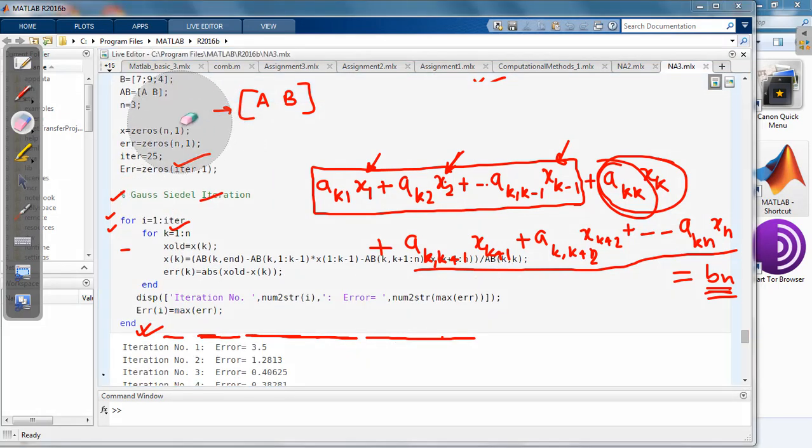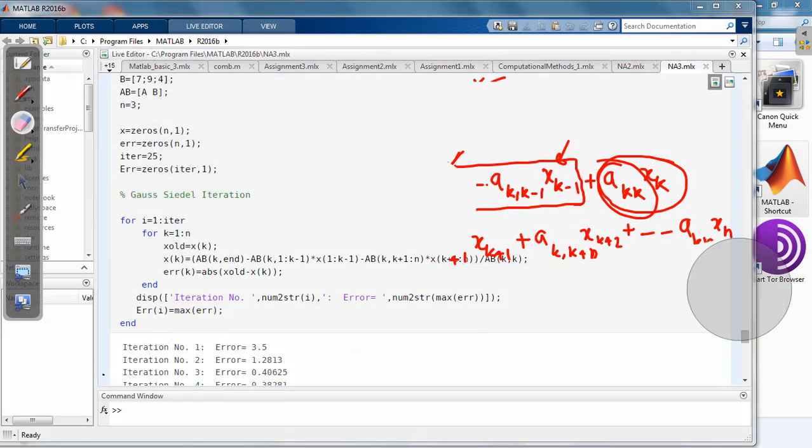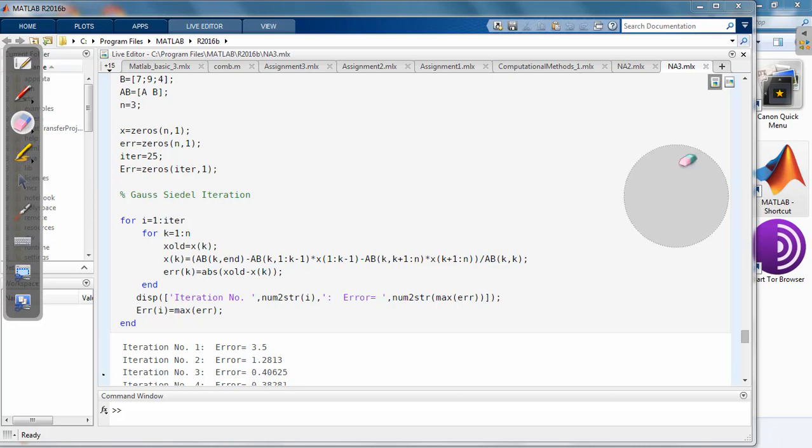Finally, for the error, after one particular iteration, when all the x values in that iteration are calculated, the maximum of all the values is taken as the error.